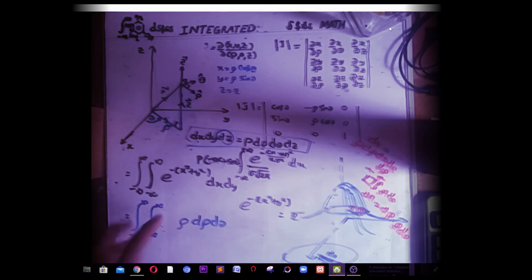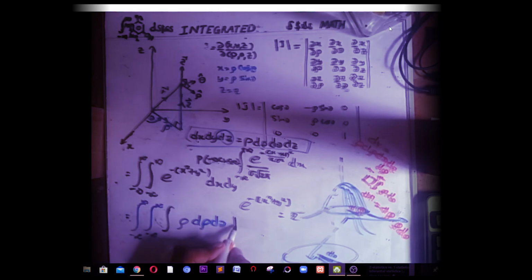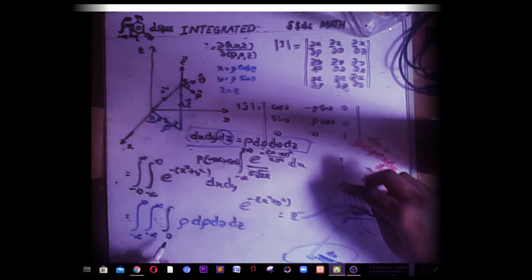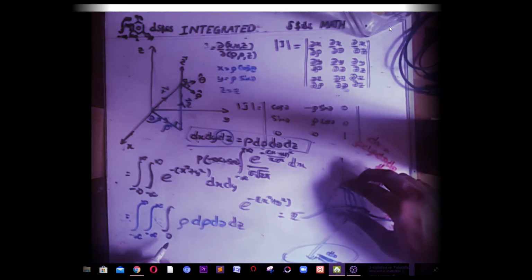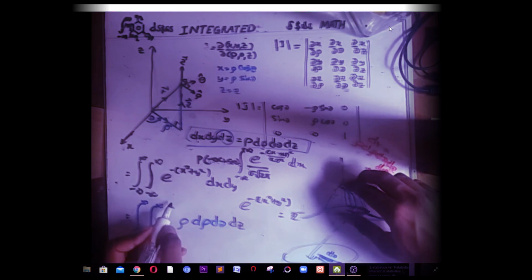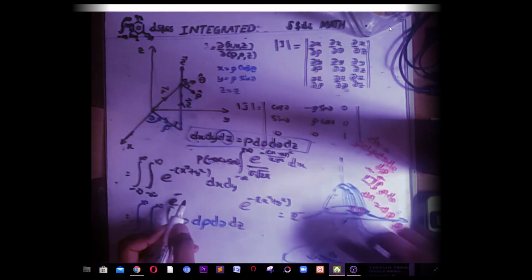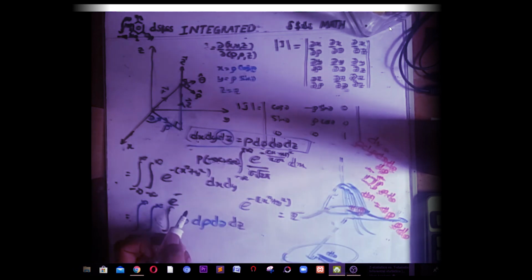If there is the other term also, z, what would happen? Okay, dz should be integrated from 0 to this much, which means e to the power minus (x square plus y square).